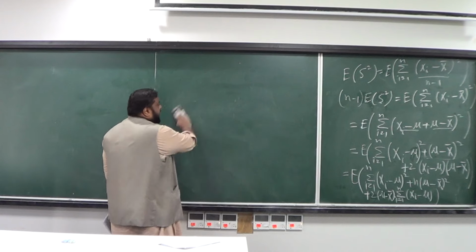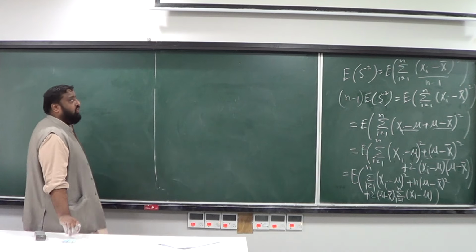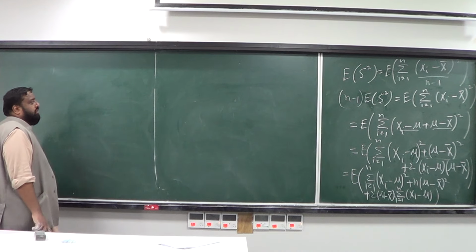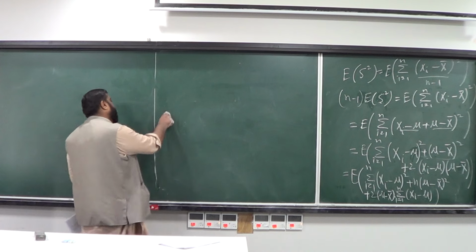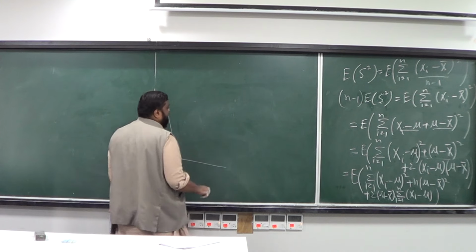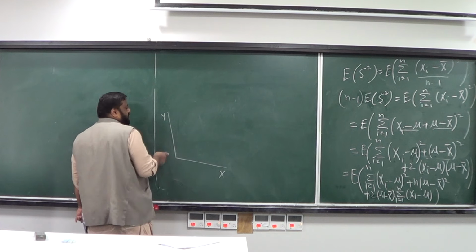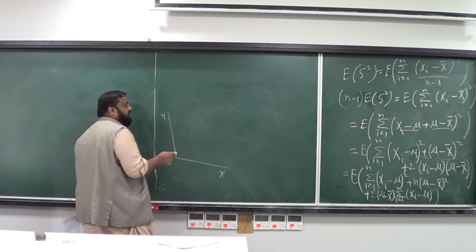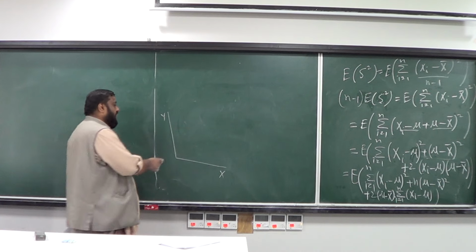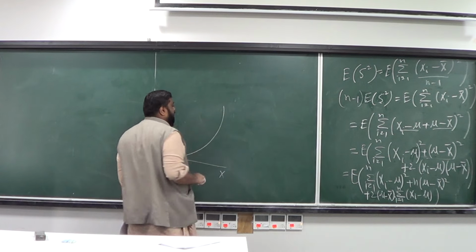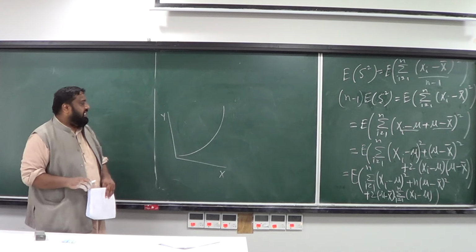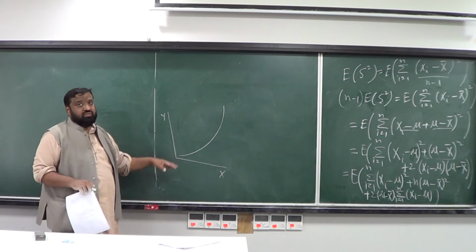There can be different kinds of such relations. For example, as x is increasing, y is also increasing, so you say x and y have a positive covariance.